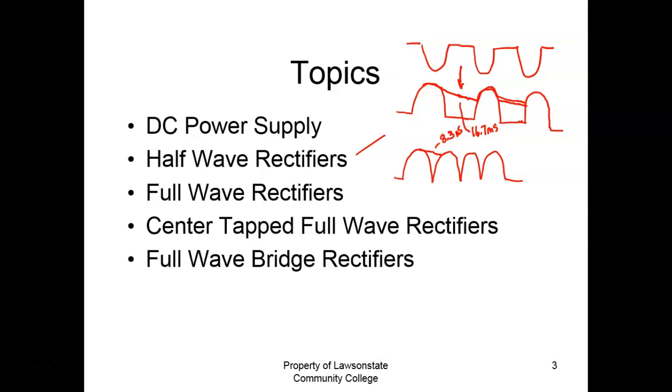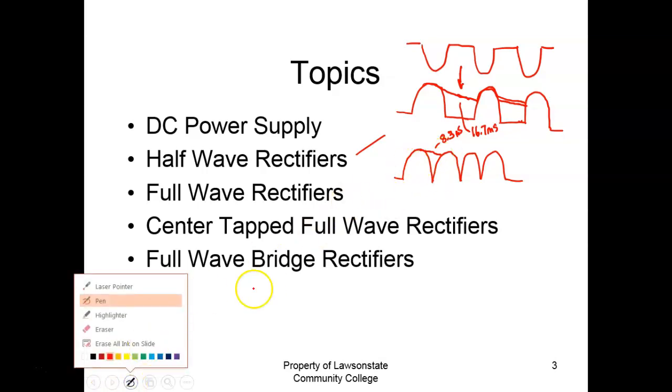So that means automatically that what I use to charge up over here on my full wave is going to take less time. Plus, when I look at this, the DC is going to be an average, right? You understand that? So which one would give me the highest average?